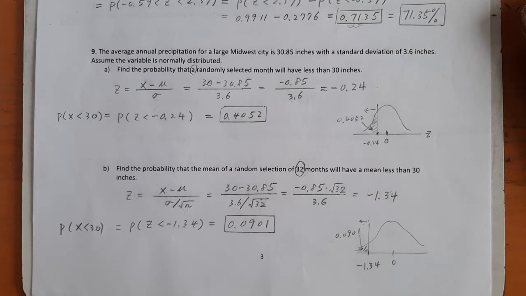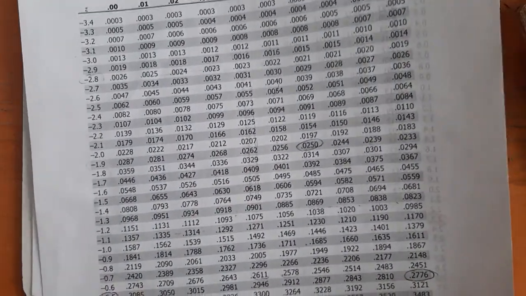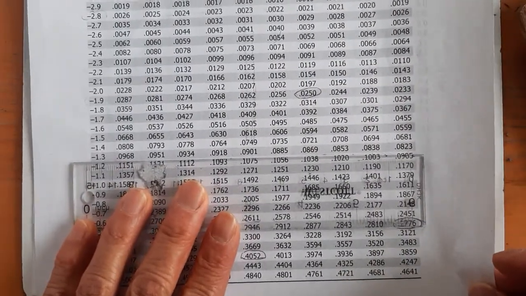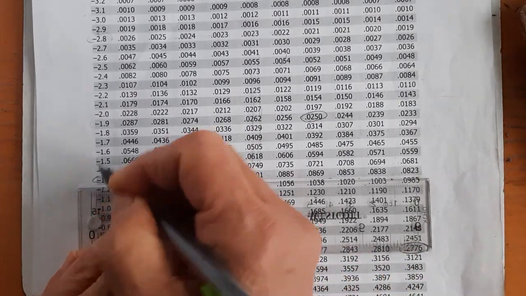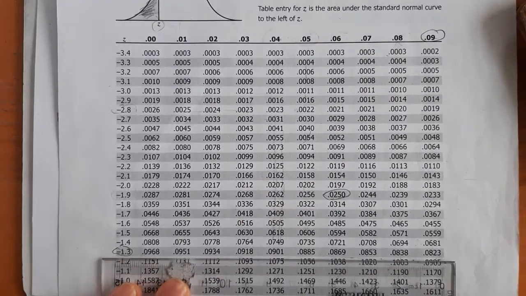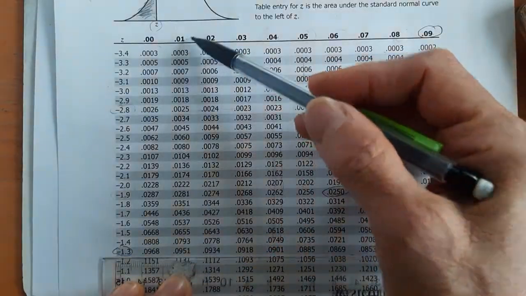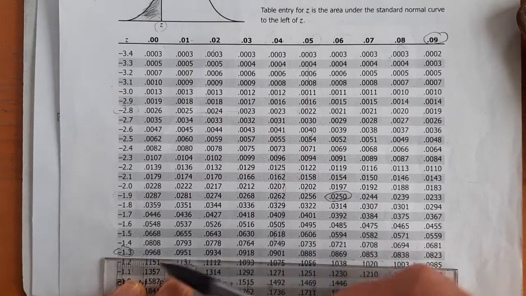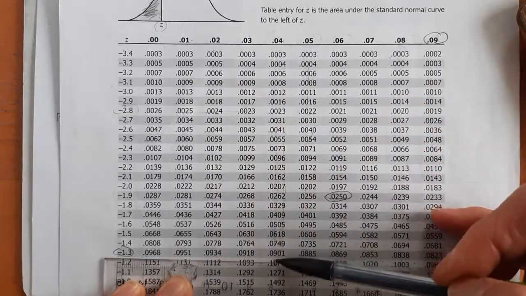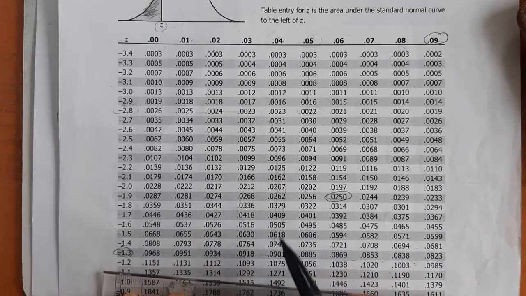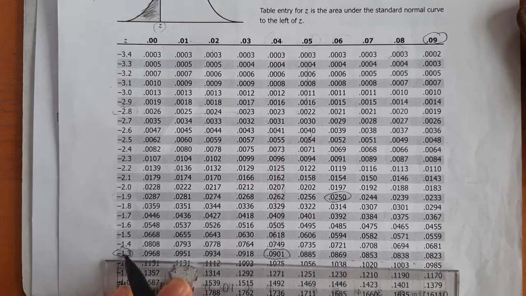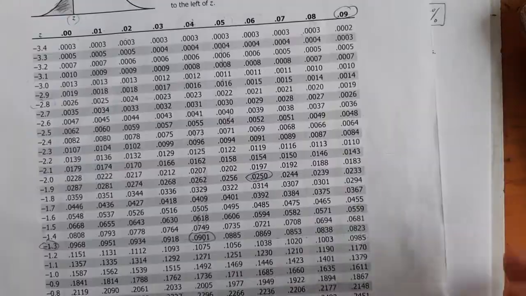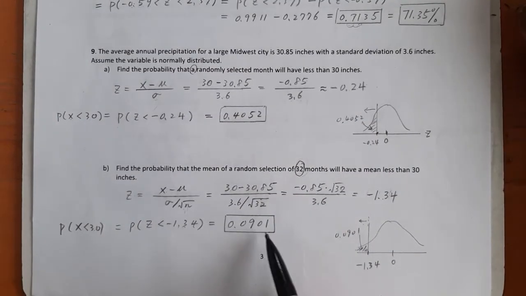And the probability is how much? Negative 1.34, so we look at the table: negative 1.3, then 1.30, 1.31, 1.32, 1.33, 1.34. At the intersection, the probability is 0.0901, which is 9.01%.